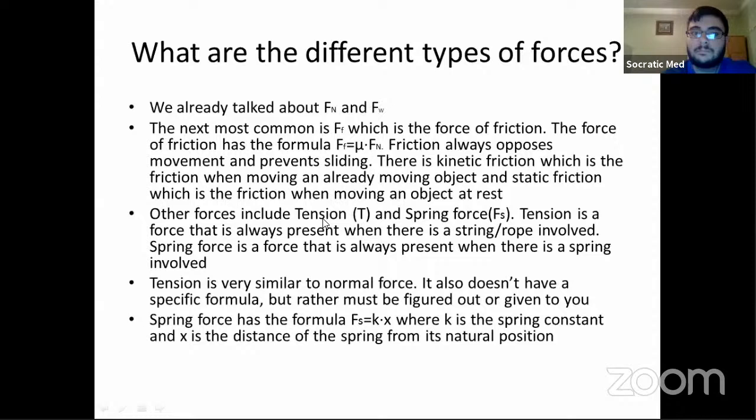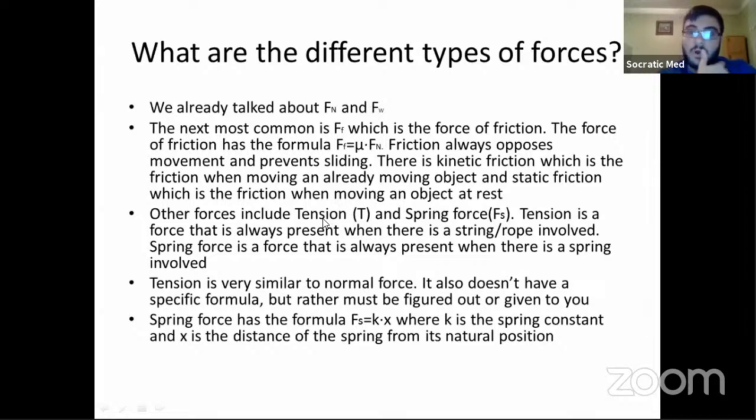If you'd like to. Okay, so we talked about two forces, the normal force, Fn, and the weight, Fw. What are the other different types of forces? Well, the next most common is the force of friction. The force of friction has the formula F equals mu times normal force.